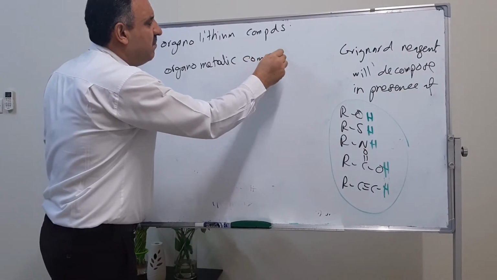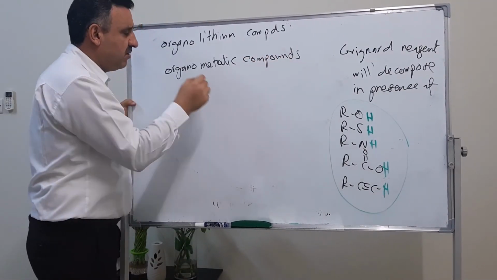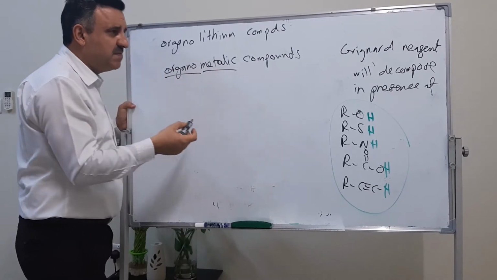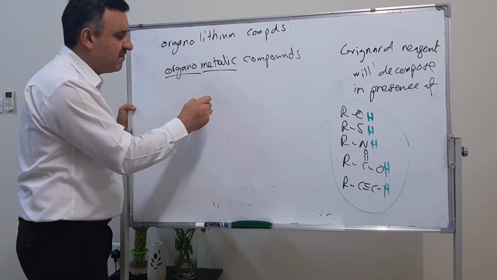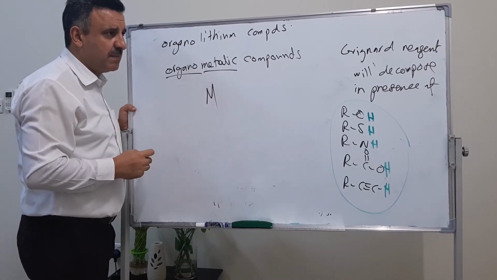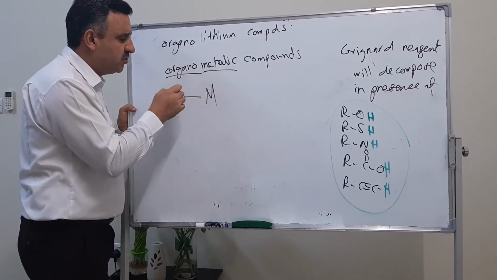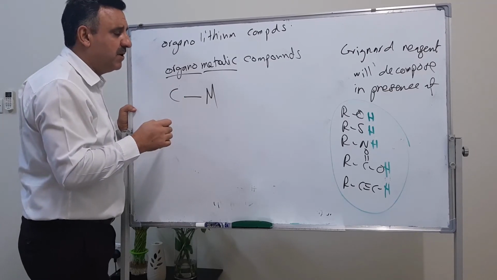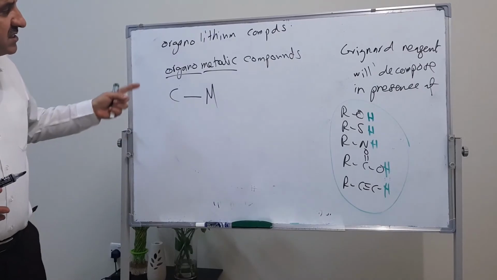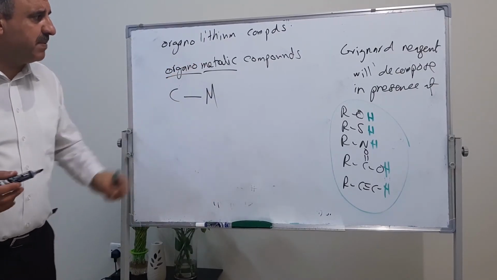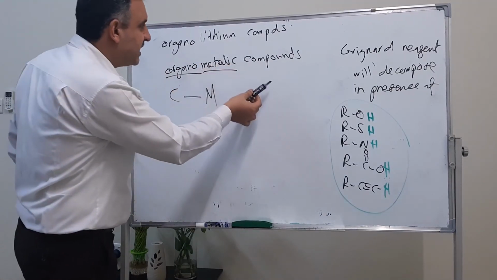I think it's very obvious from the name what the meaning is. Organometallic, what does that mean? We are dealing with the chemistry of compounds where we have a metal, abbreviated by M, connected by a covalent bond to a carbon, regardless of what this carbon is. This class of compounds we call organometallic compounds.